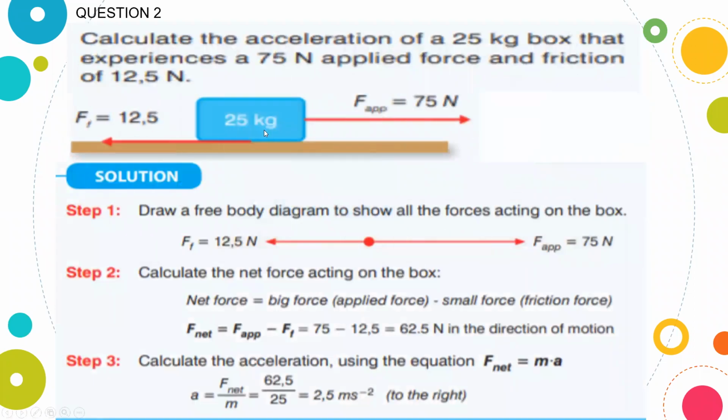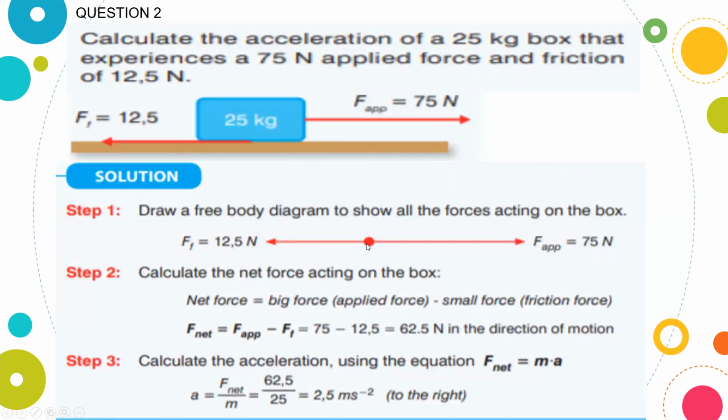Now we can show our solution. Calculate the acceleration of a 25 kg box that experienced a 75 newtons applied force and 12,5 newtons friction force. First of all, we can draw our free body diagram. A free body diagram means we forget about the box, the system, everything, and put everything on a point.